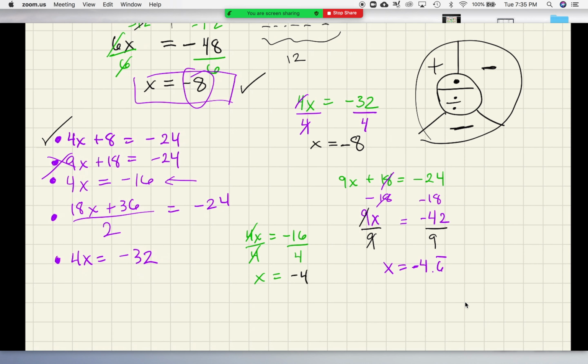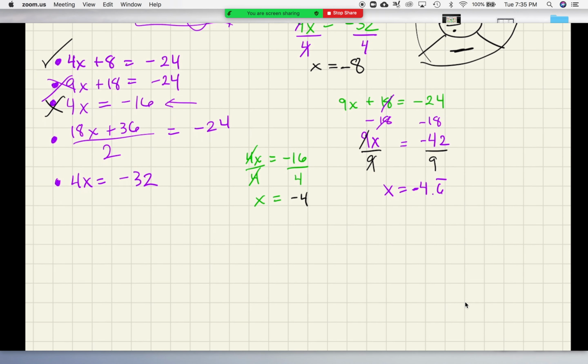It's a negative 4, so not that. This one we'll save to the end. This one's easier to try, so let's try that last one. You divide by 4, same steps as the other one. X equals negative 8, and it said to pick 2.